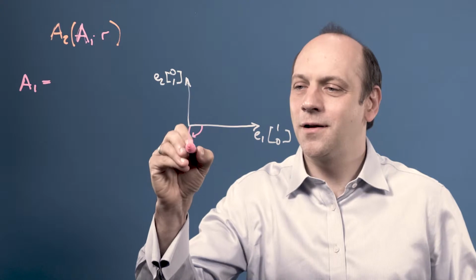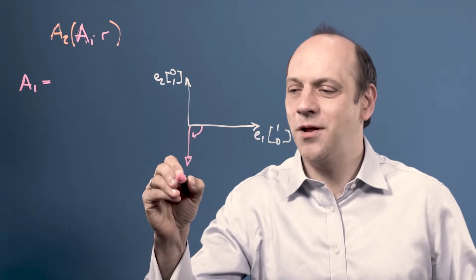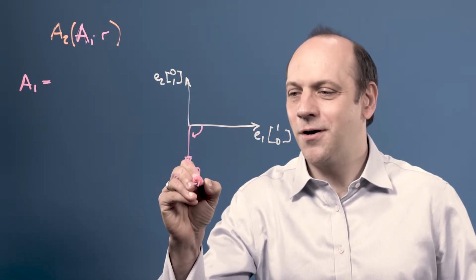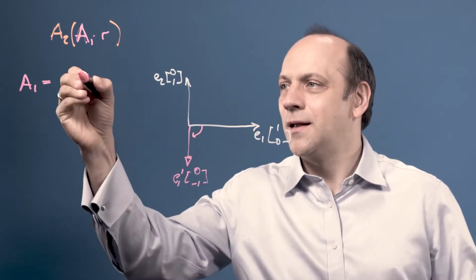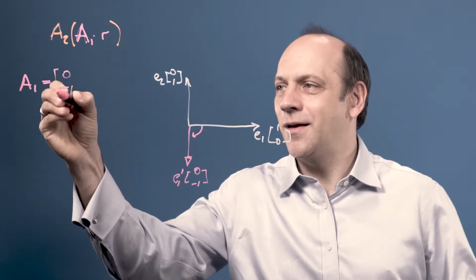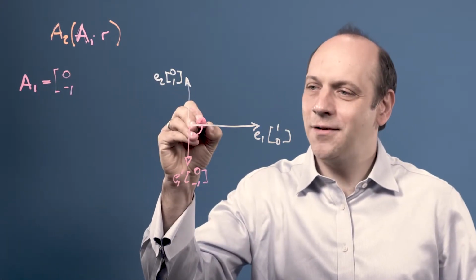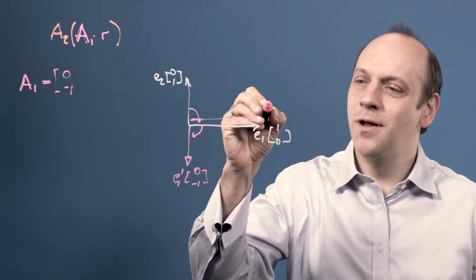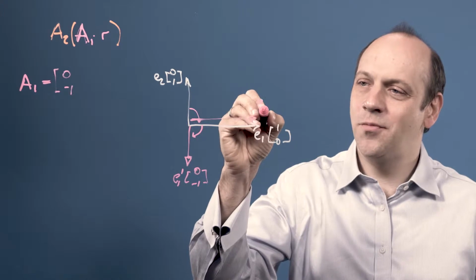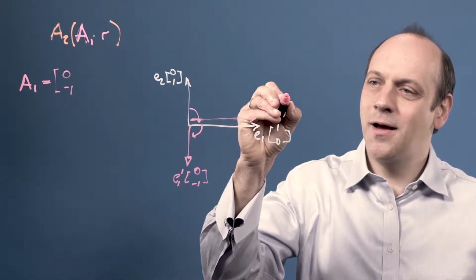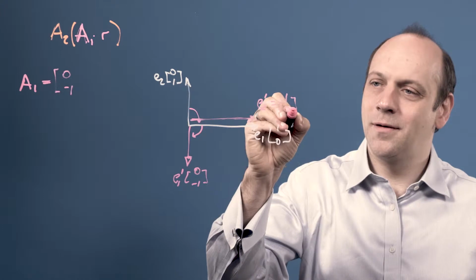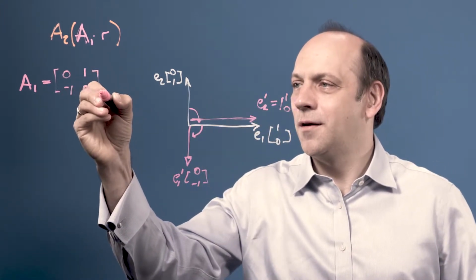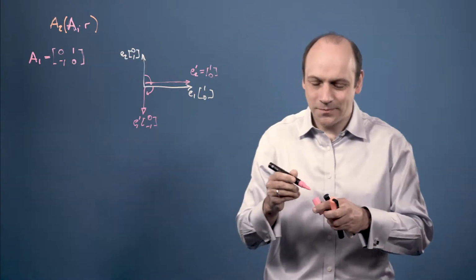E1 comes down to some transformed E1, let's call it E1 prime, of (0, -1). So we can put (0, -1) in there. And our E2 rotates down here to be some transformed version of E2, which we'll call E2 prime, which will be at (1, 0).